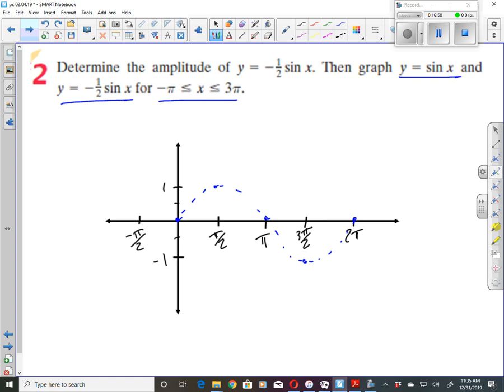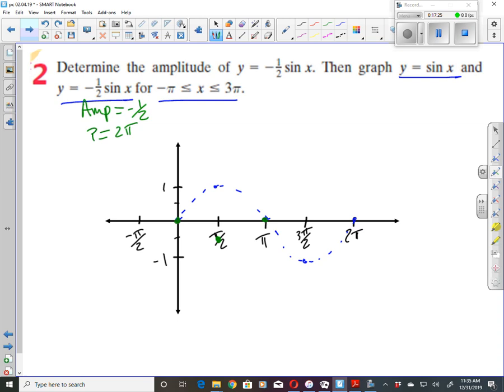The amplitude now is negative 1/2. So I'm multiplying my y values by negative 1/2. I probably should also tell you that the period is equal to 2 pi. I should get in the habit of doing that. If you list that, it helps out a little bit. I know that 0 times 1/2 is still 0. 1 times negative 1/2 gives me a negative 1/2. 0.